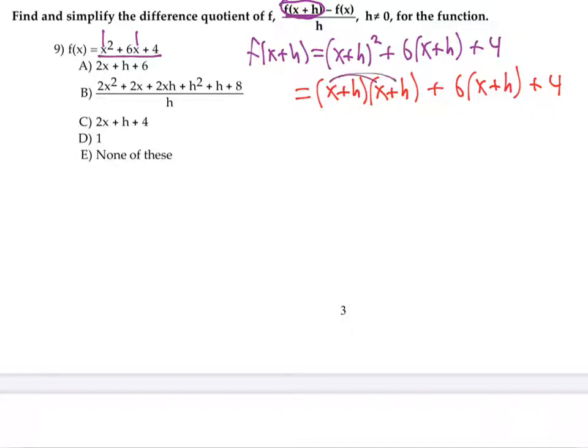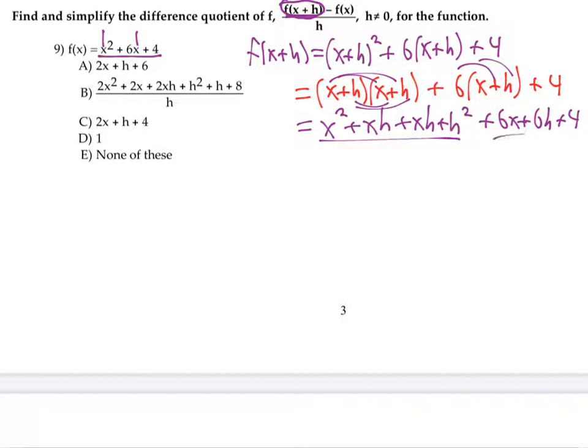So I'll go first to both. x squared plus xh, second to both, plus xh plus h squared. And now the 6 will go 6x plus 6h, and then the 4. There we go. I just multiplied. So there's all that part, and then that part, and then that part.